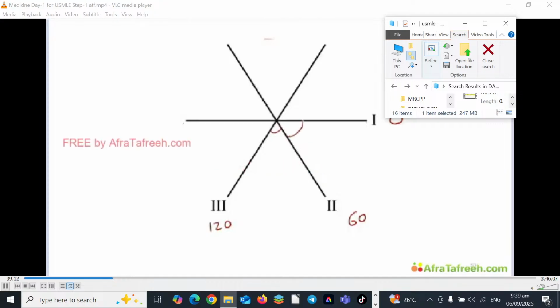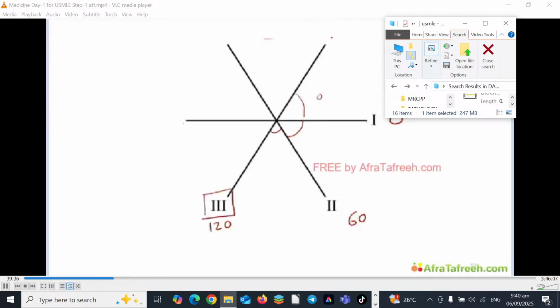Now to consider the angle between lead 3 and lead 1, you are seeing this extension back here. This would again be 60 degrees. Okay. But to call it lead 3, we need one place where it would be lead 3. That means this is your lead 3.